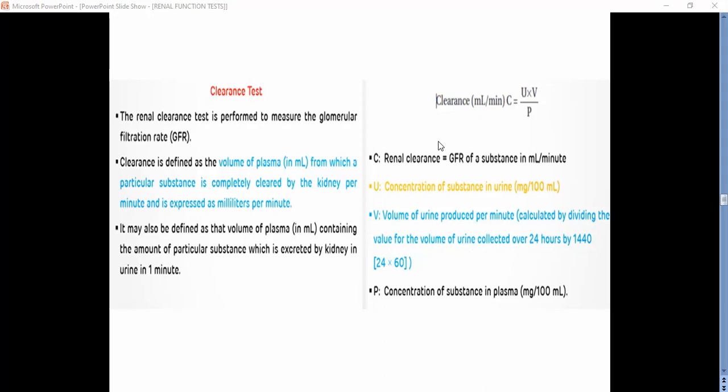If there is any problem with the GFR, for example, the normal GFR is 125 ml per minute. If it decreases to 75 ml per minute, the amount that should be filtered at that time is not filtered. That means if a toxic compound is not getting cleared, it should go into the urine.